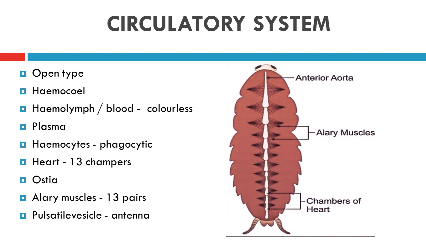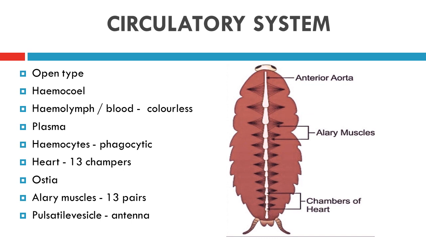Through this anterior aorta the blood moves inside and comes away from the same anterior side. Since there are no blood vessels, it moves freely in and out. This contraction and relaxation happens because of the contraction of the alary muscles, so these muscles help in this process.